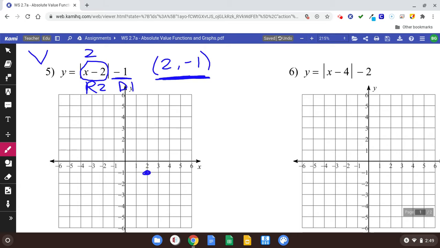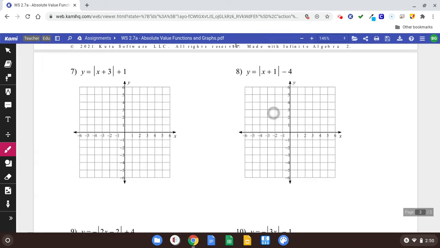Either way. So again, draw your V-shape. You're going to go up 1 and over 1. Let's label that vertex point. There you go.